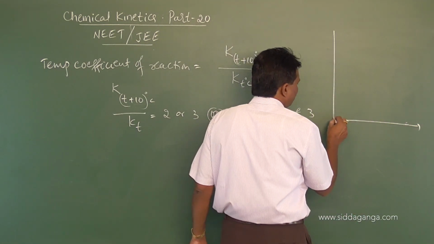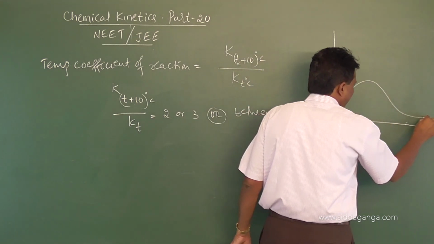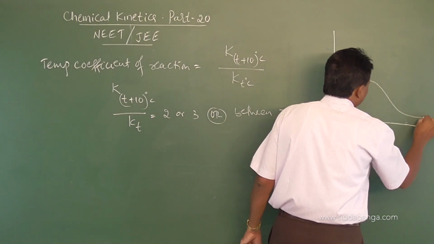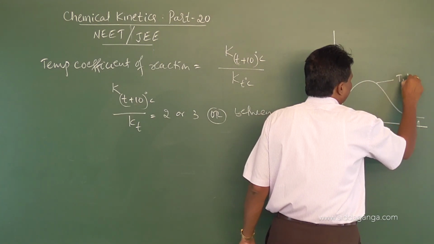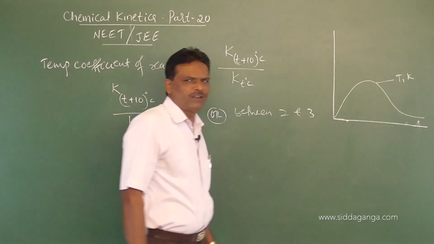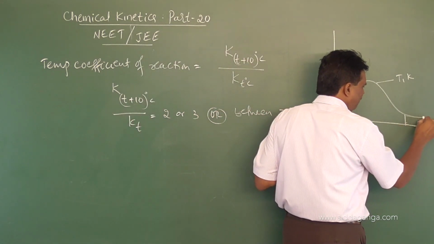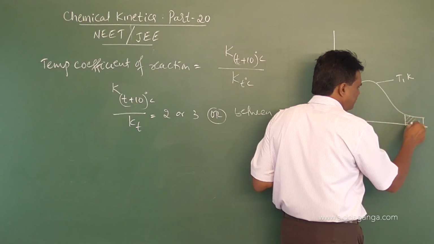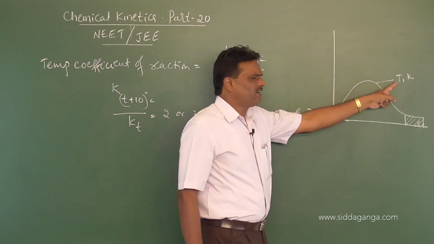So here, this is the rate of reaction at T degree centigrade. So this is at T degree or T1 Kelvin. This is the area of number of activated molecules at temperature T1.